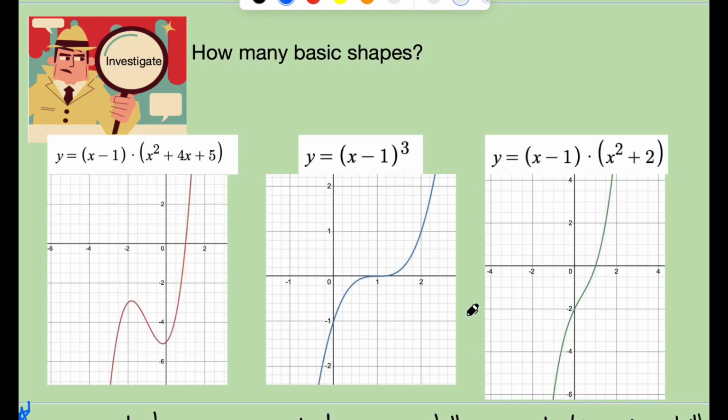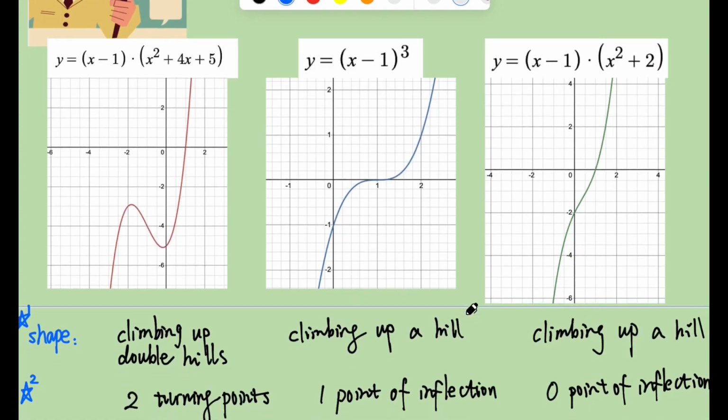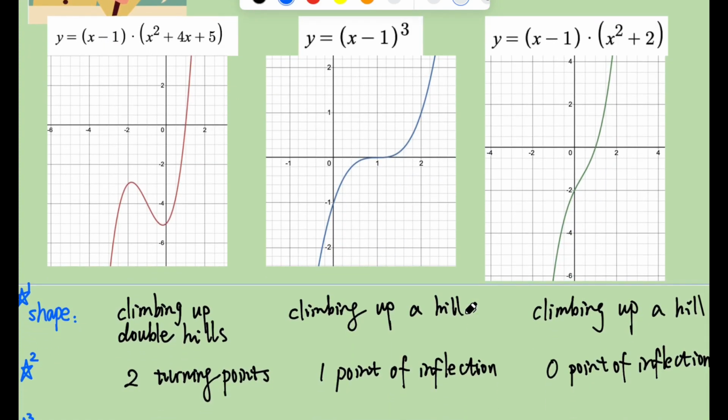Now we are going to look at these three graphs together to analyze their key features. For the first one, the shape is climb up double hills, and there are two turning points. You can see here one turning point, another turning point. These 2 points, they are flat.